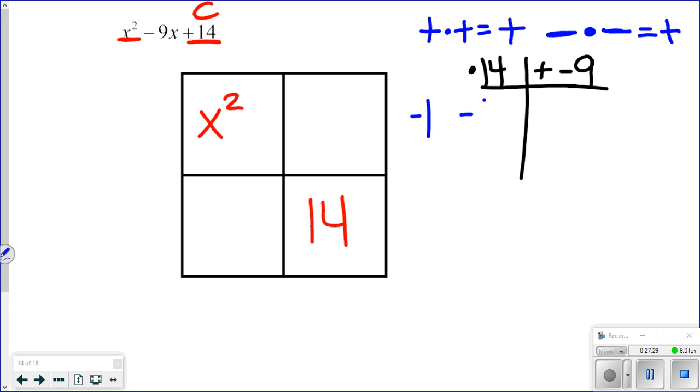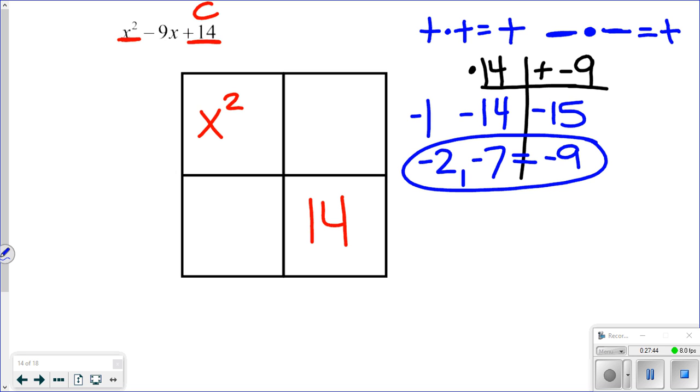So if I try 1 and 14, if we add them, we get negative 15, so that doesn't work. 2 and negative 7. When I add those, I get negative 9. So that's what's going to work. And now, remember, you have a factored sheet that you can also use to help you.